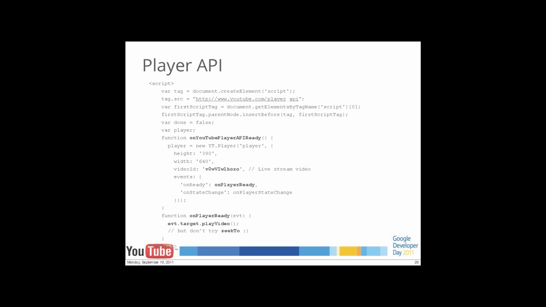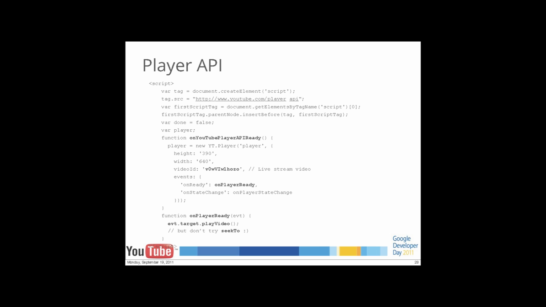And here, what I'm doing upon the event on ready, I invoke my event handler on player ready, and I invoke the YouTube API player invocation and method called play video. So what that will do is it will start the video immediately as soon as somebody navigates to a page which includes this script.